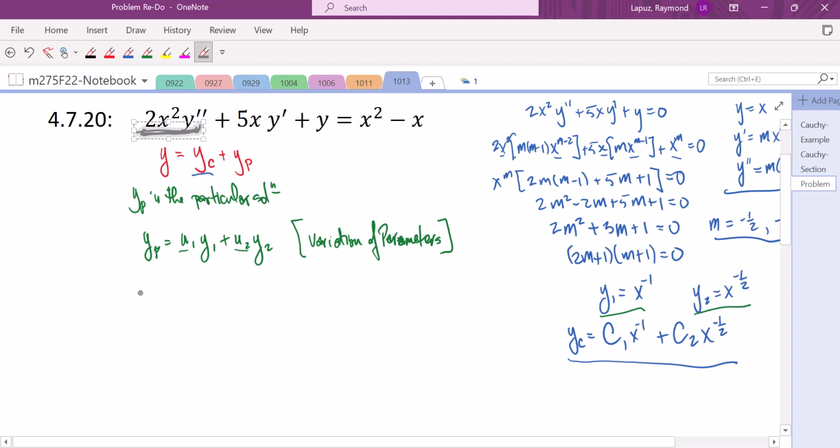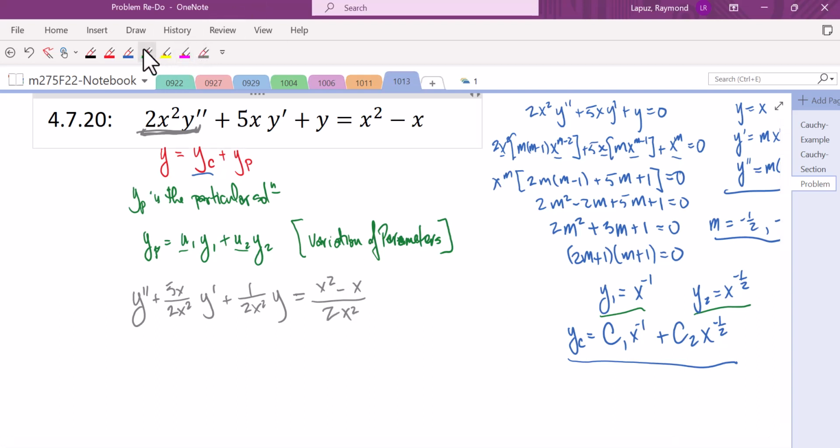So if we divide by 2x squared, we can have y double prime by itself, plus 5x divided by 2x squared times y prime, plus 1 divided by 2x squared times y is equal to the right hand side here, x squared minus x divided by 2x squared.